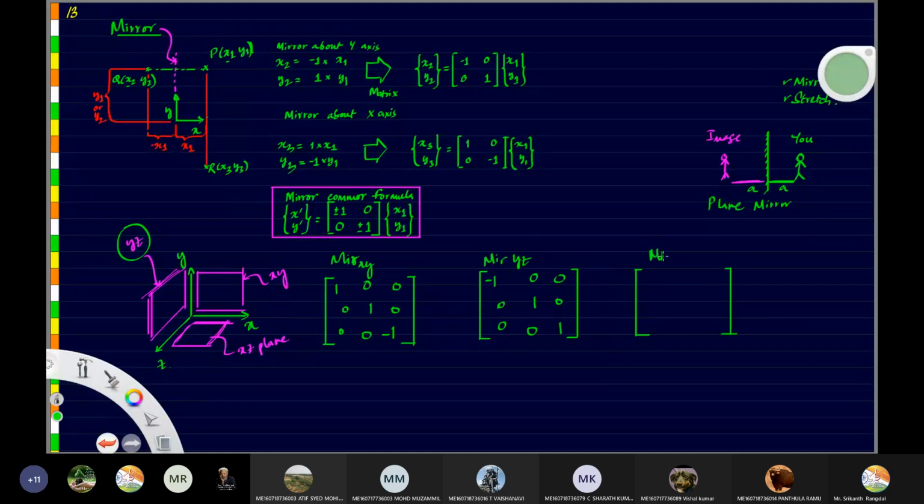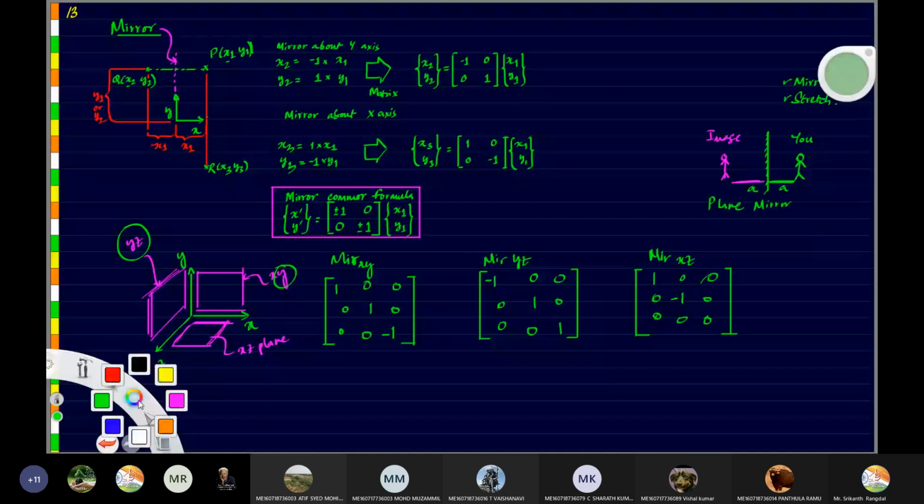When you want to mirror about XZ, once again we write the identity matrix, and the Y coordinate will change its sign.